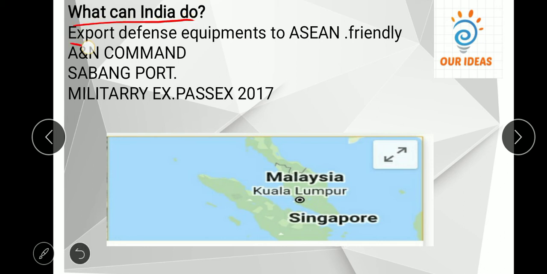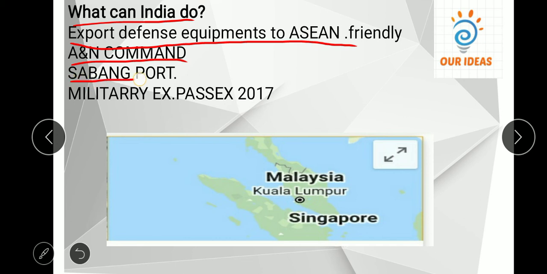Export defense equipment to ASEAN. Recently we have seen that India exported its supersonic cruise missile BrahMos to Vietnam, and it is also planning to export its light combat aircraft Tejas to many friendly Asian countries. It established the Andaman and Nicobar Command, a tri-service command established in 2001 in order to counter China.